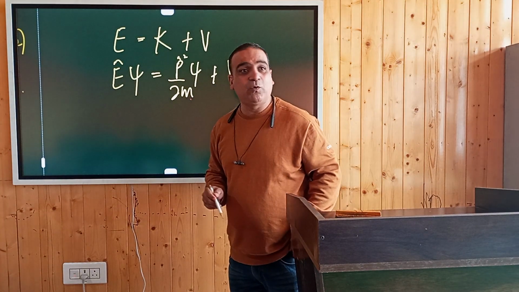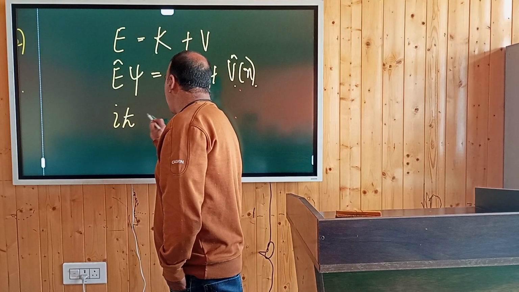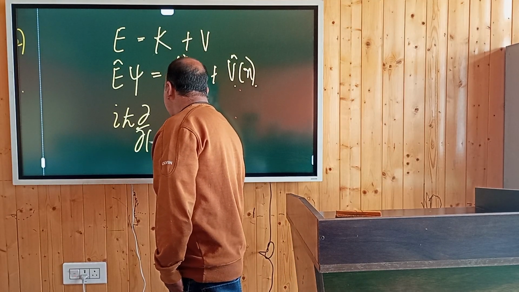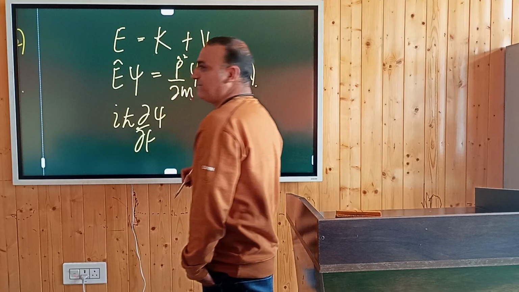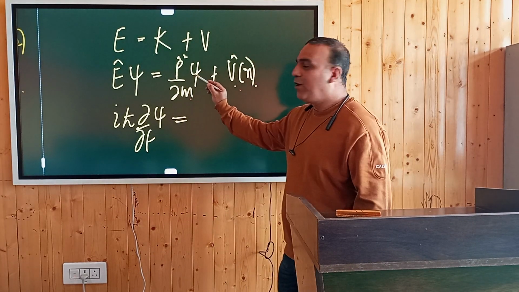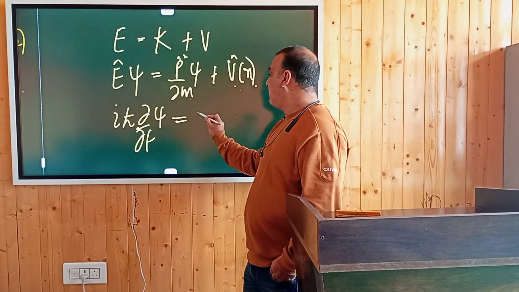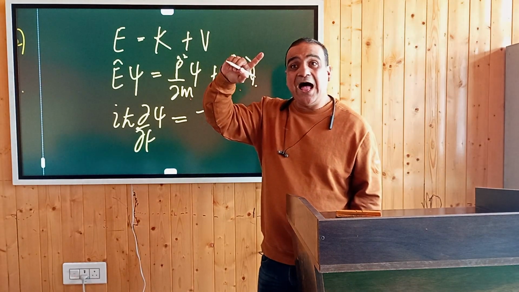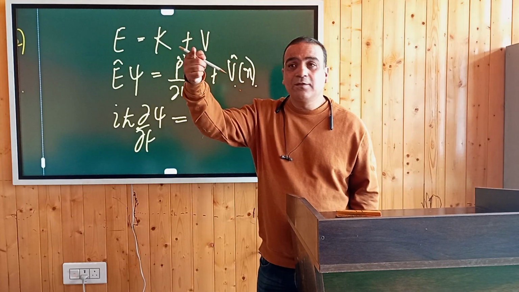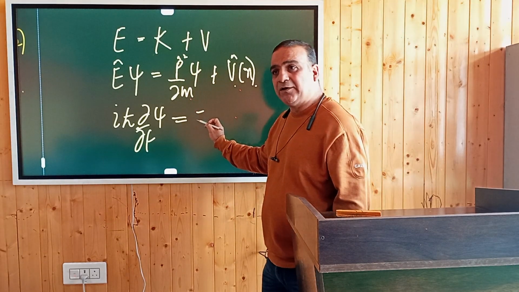We calculated that. What was that? That was i h bar dou by dou t of psi is equal to. Now you have the square of the operator. So that will be minus, because iota square will become minus, and then finally a minus will remain here.